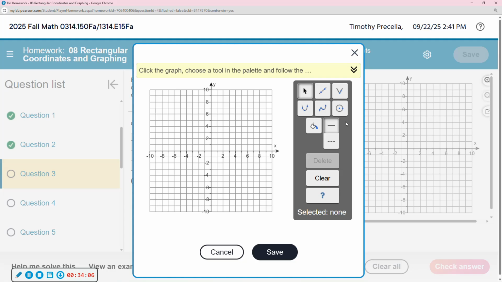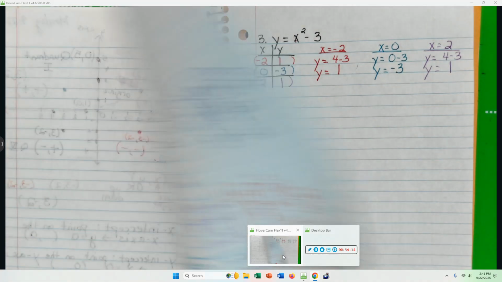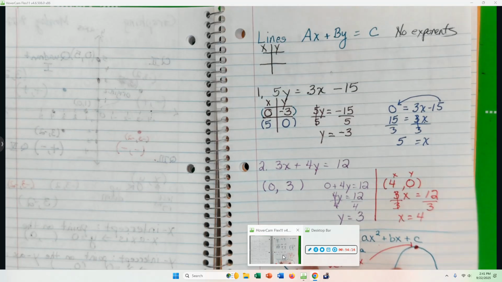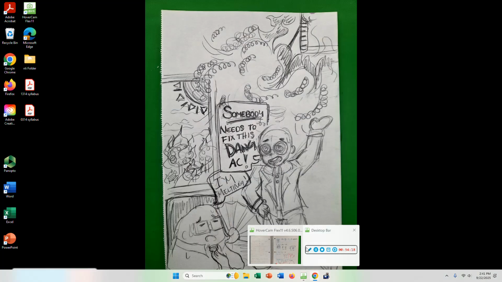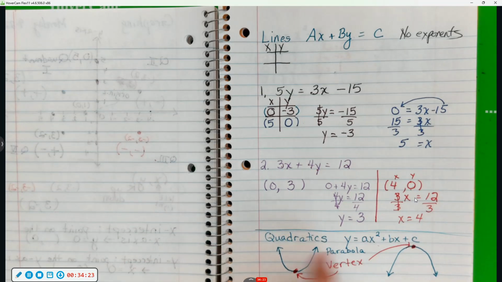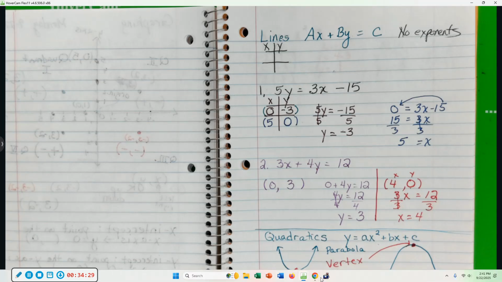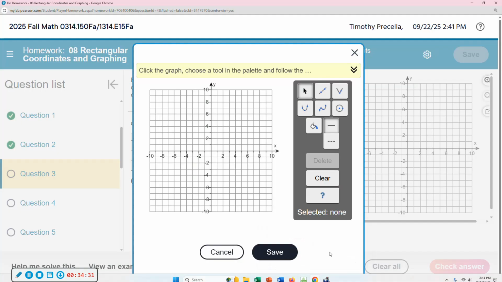Well, because there's an x squared in it, we know it's going to look like one of these U-shaped figures, either opening up or down. Okay? So if you know what it's going to look like, it sort of gives away what we're going to click on. Where do we see a U-shaped figure out here?